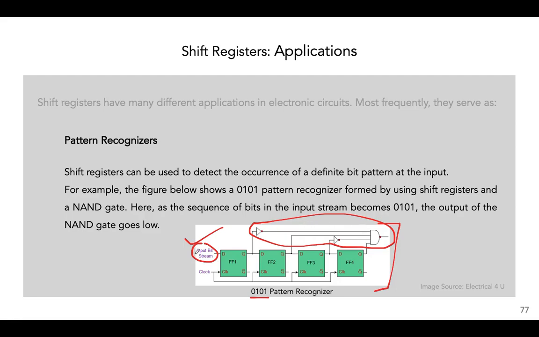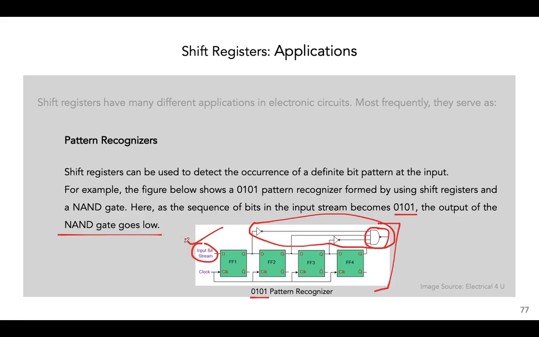Every time that input bit stream contains the bit pattern 0101, the output of the NAND gate becomes low. So you can count the number of times the output of this NAND gate becomes low, and that will give you a count of how many times 0101 occurred in whatever input bit stream you fed into this shift register. So this is how pattern recognizers are designed using shift registers.